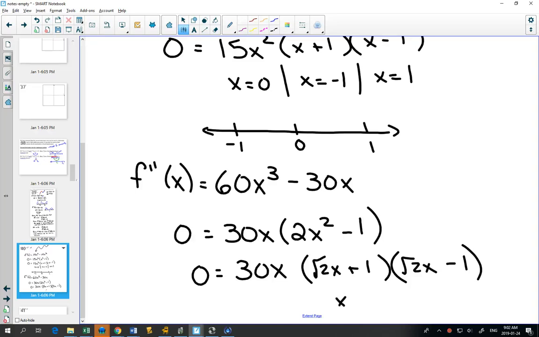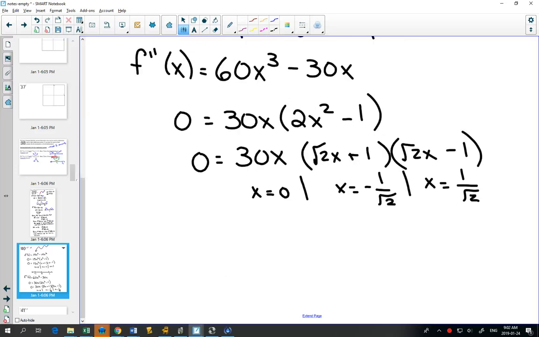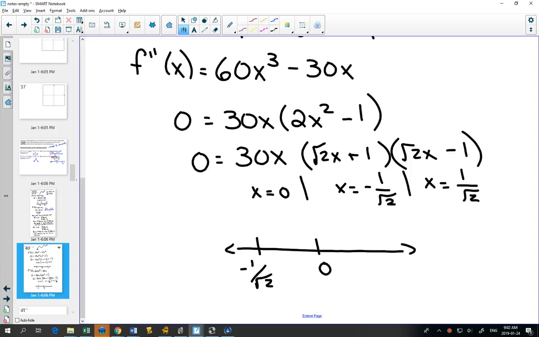Can you see that this one would give us -1 over root 2, and this one would give us +1 over root 2? It's the same answers that we did by the square rooting before, but just looking at something differently. So in our second derivative, we have 0, -1 over root 2, and 1 over root 2.